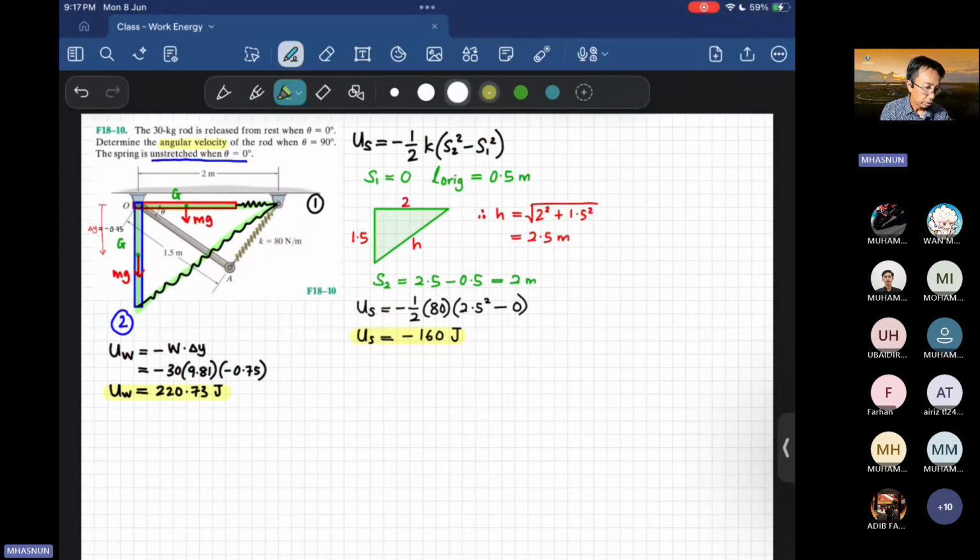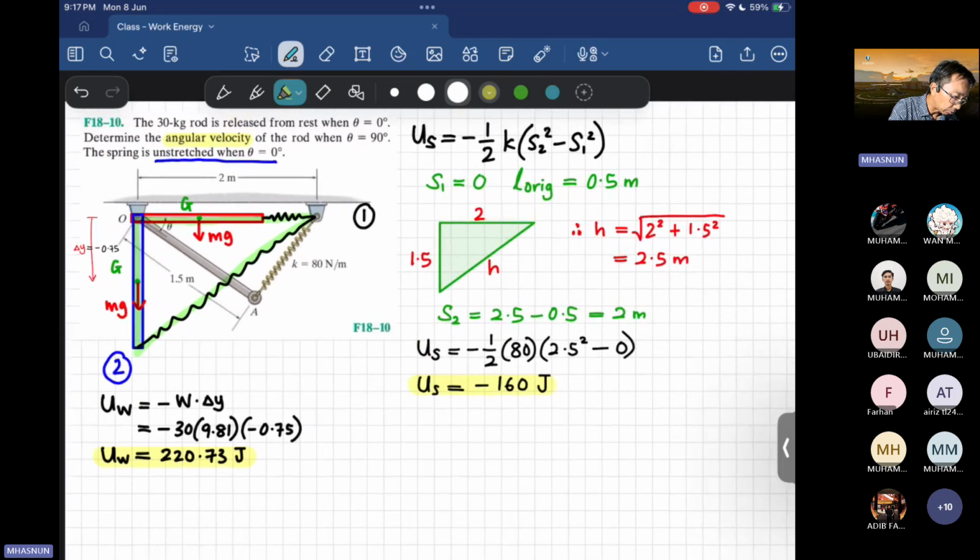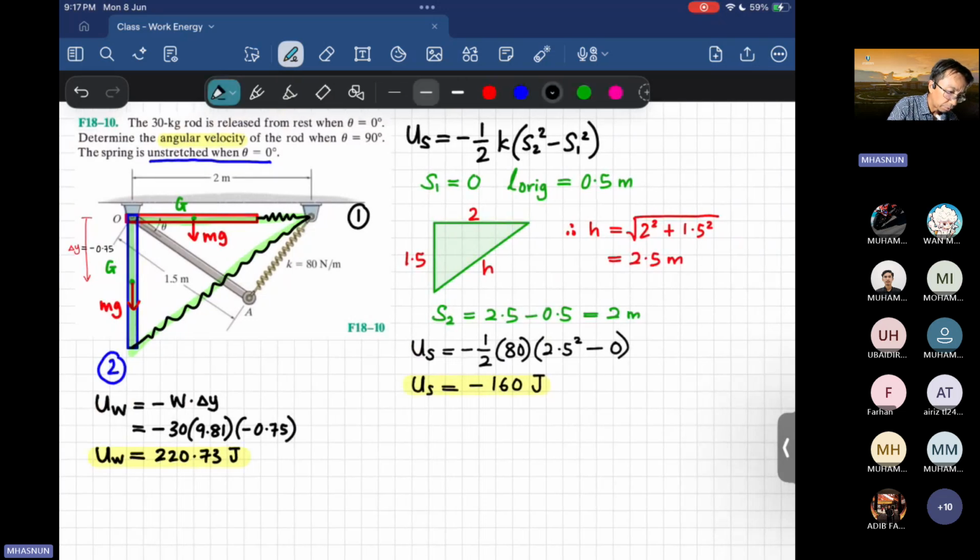Okay, so next, we have the work done. We will then go to the calculation of kinetic energy. It says here the rod is released from rest. So therefore, we know T1 is equal to 0.